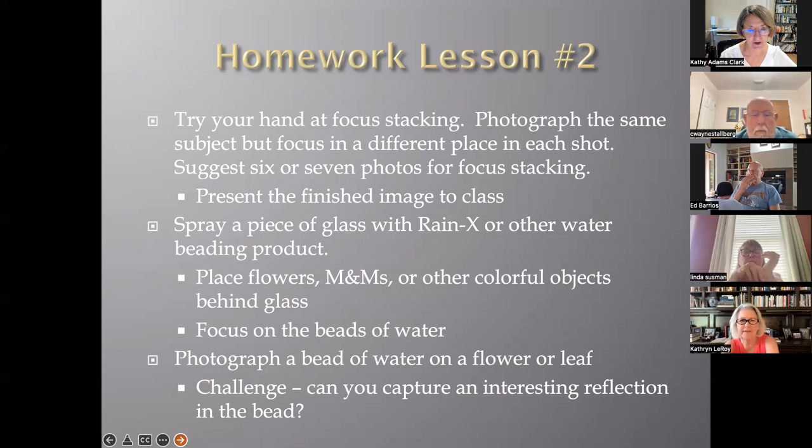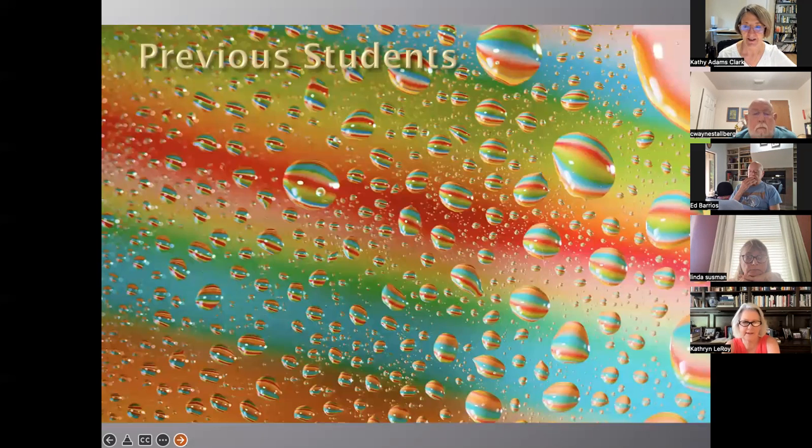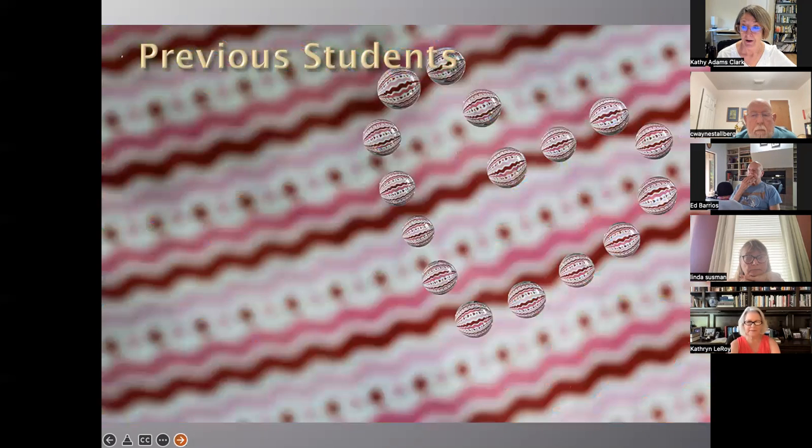And I want to show you what students did in other classes. So here's one. And this is wrapping paper. Okay, so it wasn't my flower. This is wrapping paper. So interesting, isn't it?